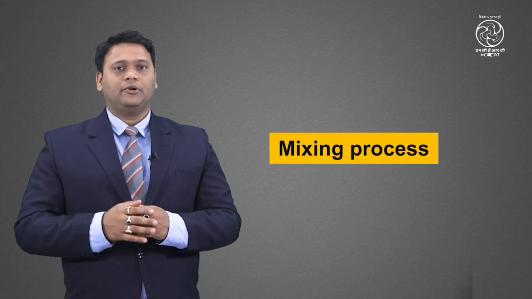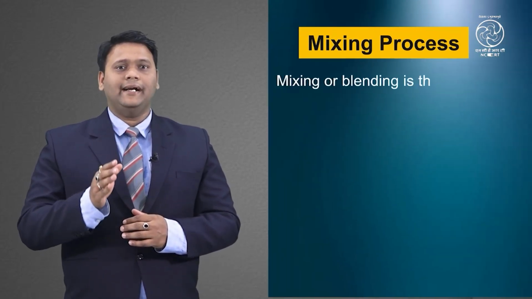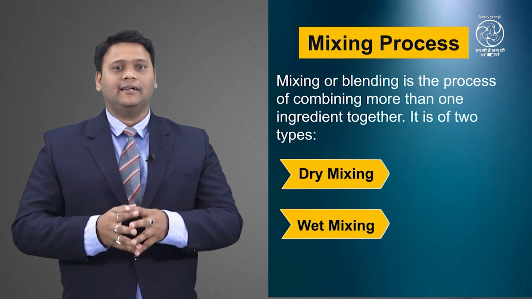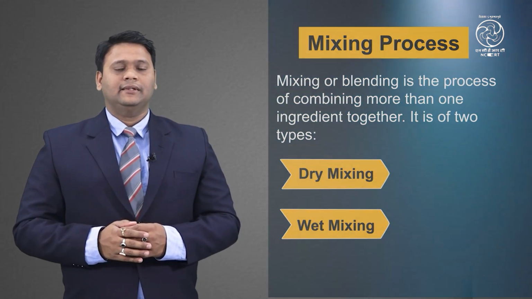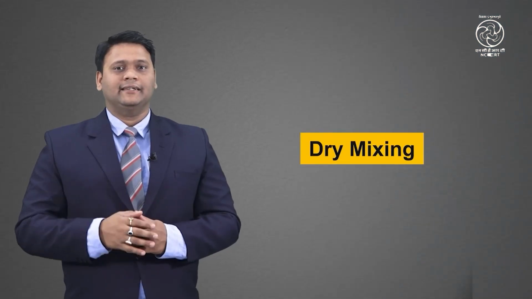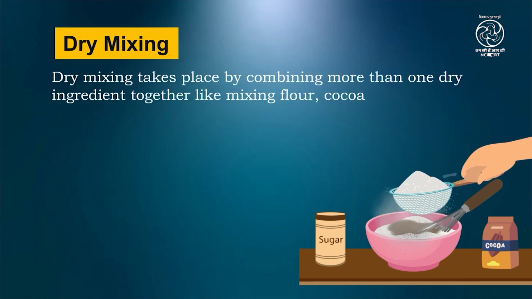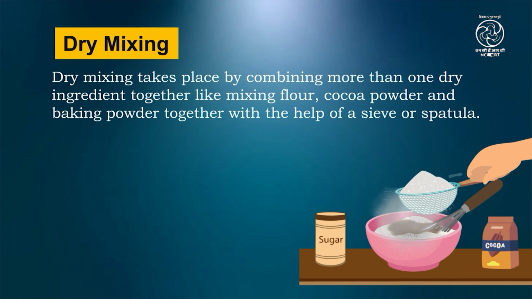Next is mixing process. Mixing or blending is the process of combining more than one ingredient together. It is of two types. First is dry mixing. Dry mixing takes place by combining more than one dry ingredient together, like mixing flour, cocoa powder and baking powder together with the help of a sieve or spatula.